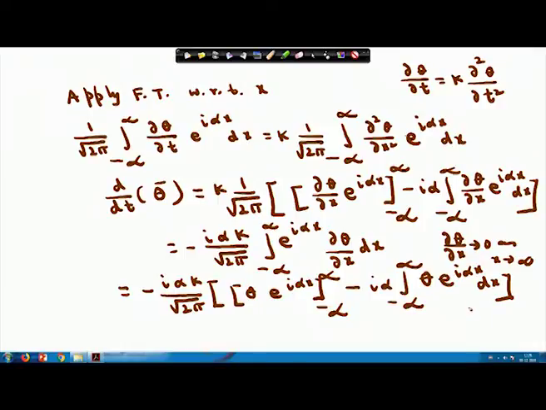Again, if you note, θ approaches 0 as x approaches infinity, and for minus infinity it is 0. So this term will vanish using the condition that θ approaches 0 as x approaches infinity. So you will have only this term, where the minus goes over there as i squared, so again one minus will come. So, minus k will be there, and 1 by root 2π integral from minus infinity to infinity of θ e^(iαx) is nothing but your θ bar.